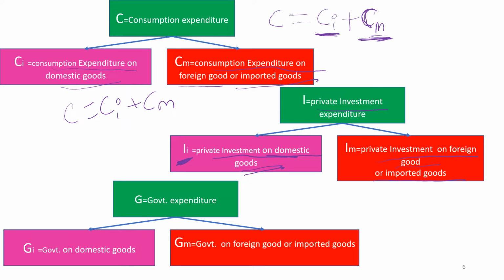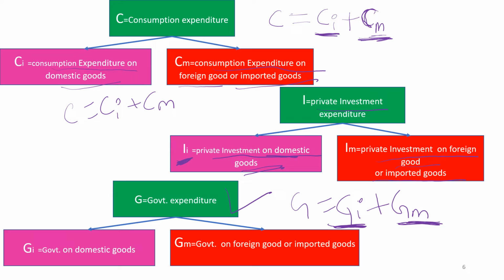That means you are importing capital goods from outside the country, and we call it private investment expenditure on foreign goods. In a similar manner, government expenditure has two types: government expenditure is equal to GI plus GM. That means government expenditure on domestic goods and government expenditure on imported goods.